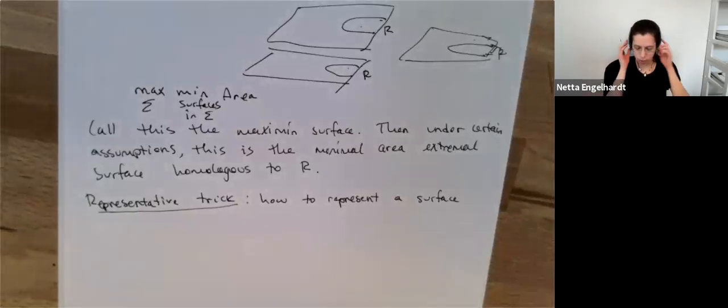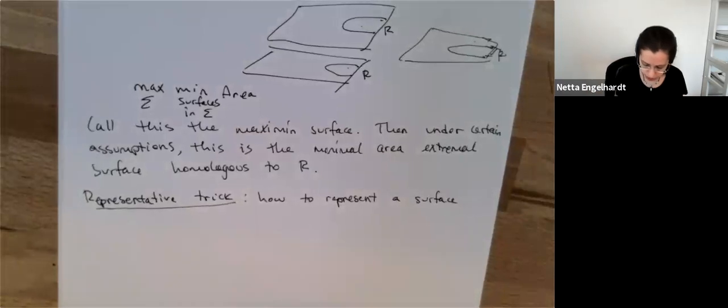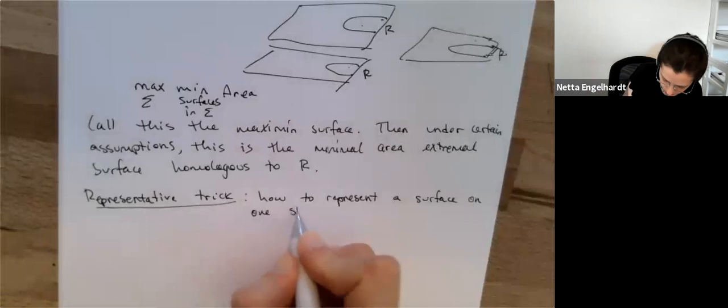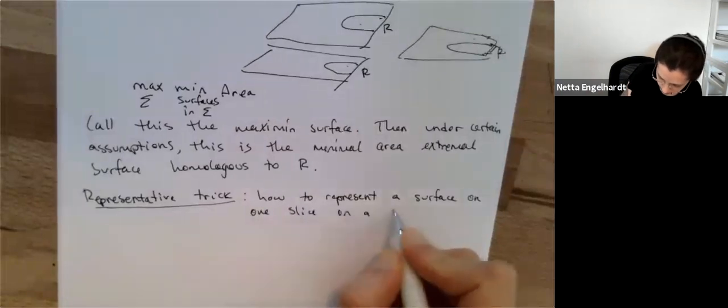Okay, so the representative trick is a way of saying, okay, I have some surface that doesn't lie on this Cauchy slice, but I want to give it an avatar on that Cauchy slice. So how do we represent a surface on one slice on a different slice?